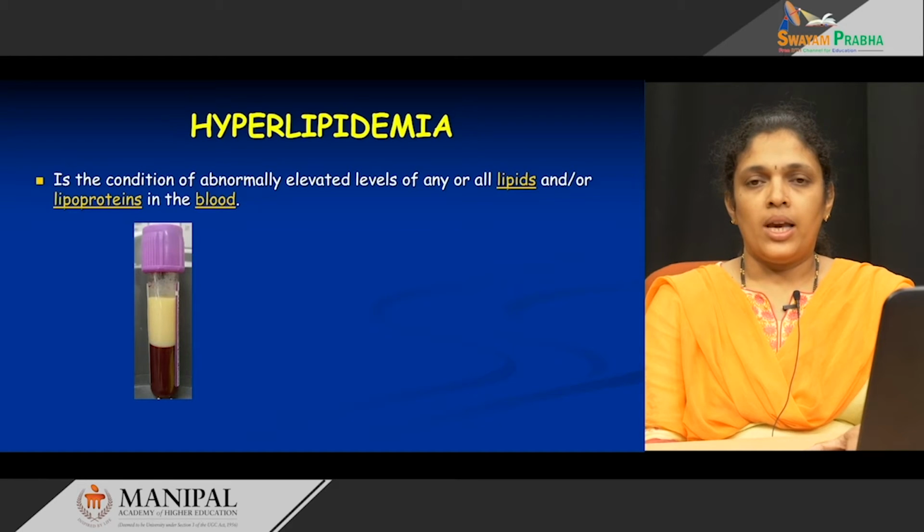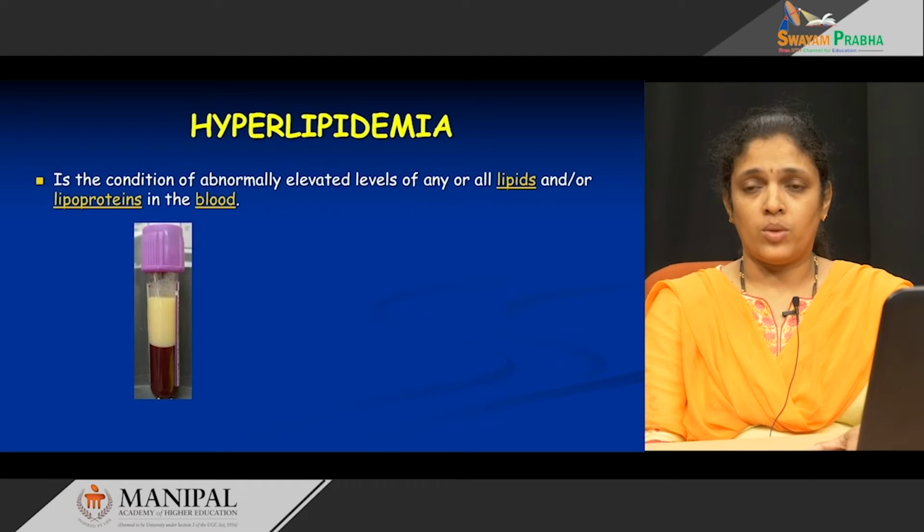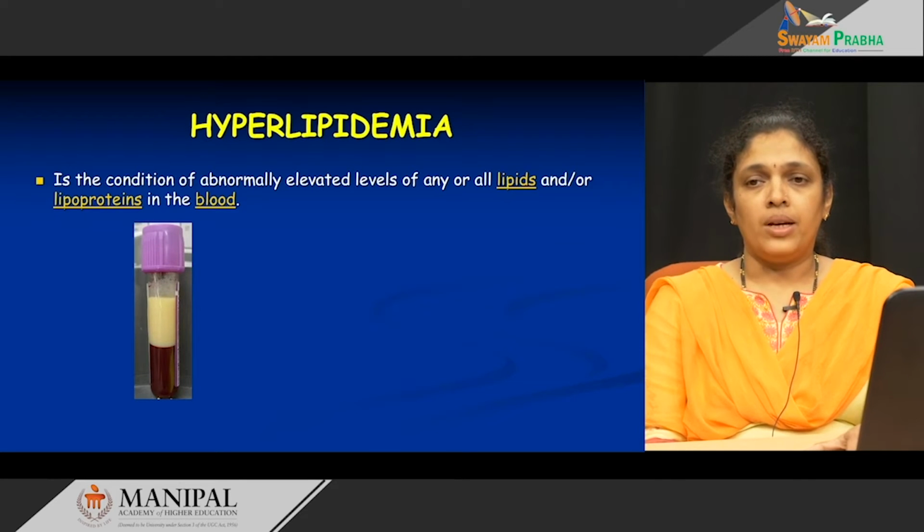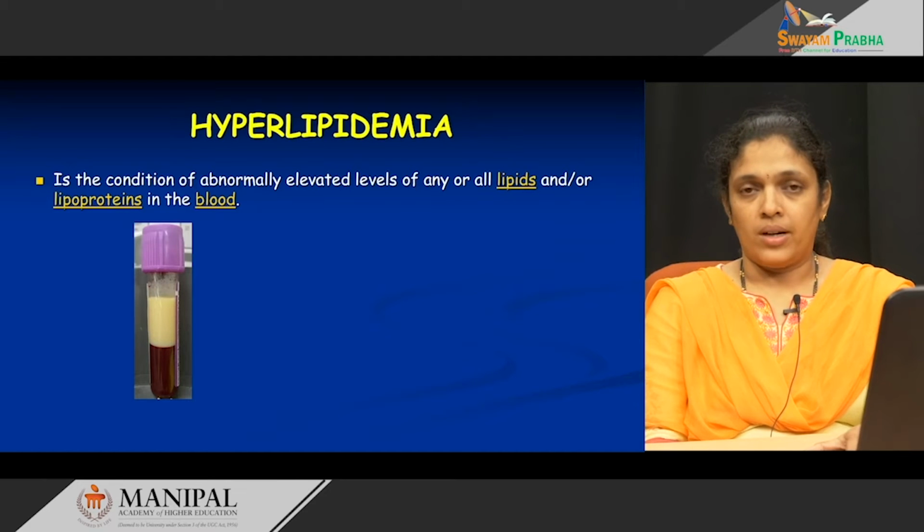Anything which helps us diagnose this kind of abnormal lipoprotein metabolic pathway is called hyperlipidemia. Hyperlipidemias are conditions of abnormally elevated levels of any, or all, of the lipids or lipoproteins in the blood.